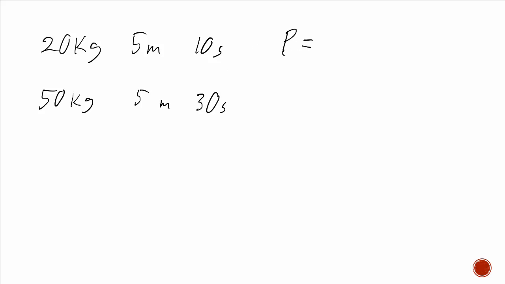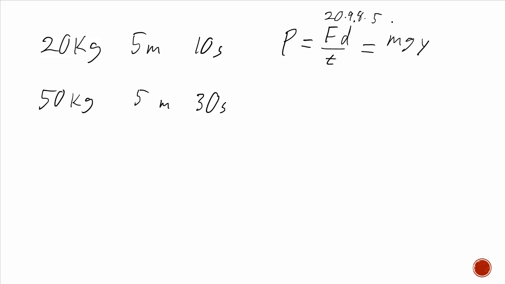Alright, so power, you can look at this a couple of ways. You can look at the work being done. The work is going to be the force. Well, the force is equal to gravity, so 20 times 9.8. So you could say the force times the distance over the time. So you'd have 20 times 9.8 times the distance of 5. Or another way to look at it is you could just look at the change in energy. Well, the change in energy is gravitational energy, so that's mgy.